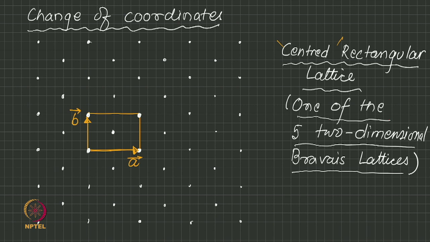So, suppose now we select a primitive unit cell for this. One possibility of selecting a primitive unit cell will be to go from the origin to the center. Let us go to the other side also. So, call this A prime and call this B prime.